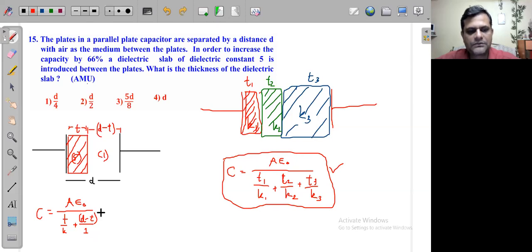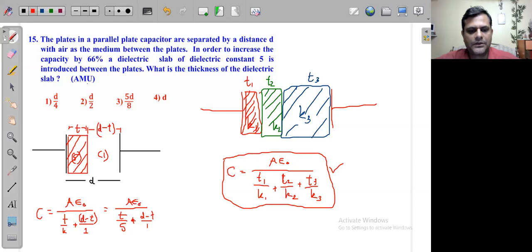So if we just solve this further, then we can be able to get that C का जो वैल्यू है तो वो हमको मिल जाएगा आराम से, it will be actually A epsilon naught upon t upon 5 plus d minus t upon 1 simply.